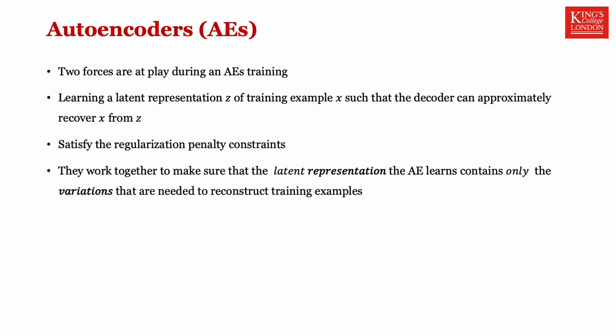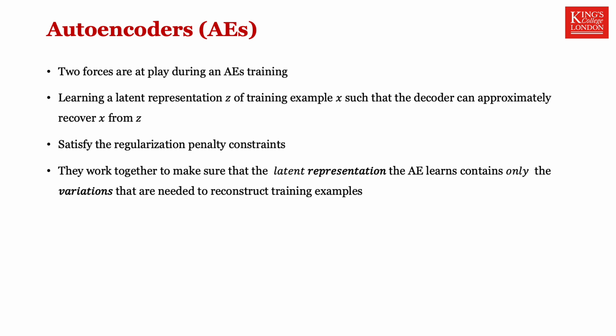So what is interesting about autoencoders is that there are two forces at play when you're training an autoencoder. First of all, you're trying to learn a latent representation Z of training example X, such that the decoder tries to recover X from Z, right? So you're basically saying, I'm going to give you an X, you need to project it to Z, and then you need to project it from Z back to X, and make this reconstructed version of X as similar as possible to the original input.